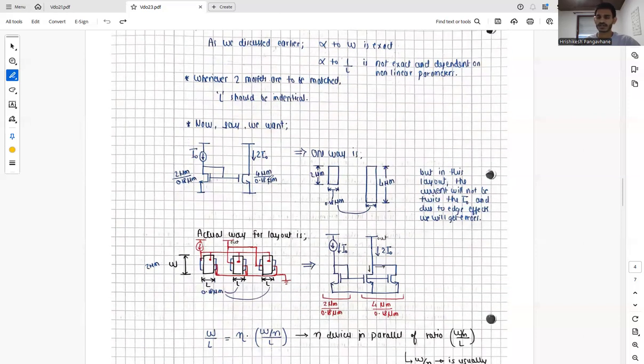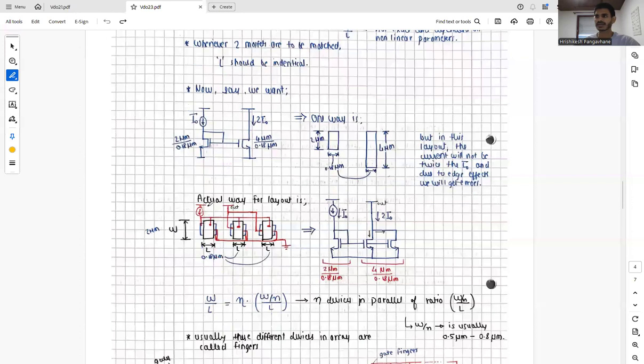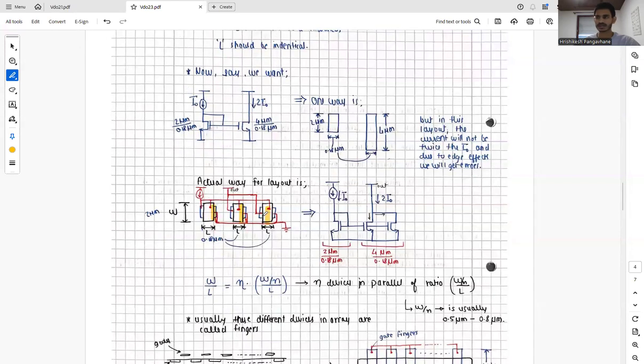So the actual way of doing the layout for this is we take three MOSFETs. What we exactly do is we take their widths equal and their lengths common, and now we connect two diodes, or two transistors to be precise, in parallel, and then we add up the current, and this is how we implement this structure, and not by doubling the width.